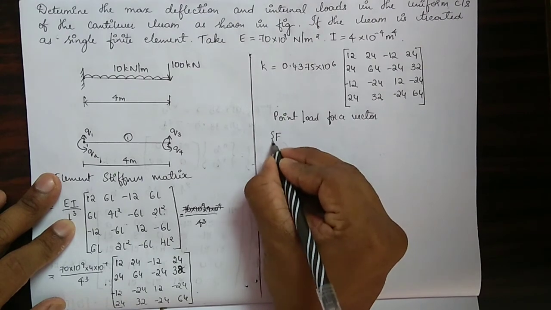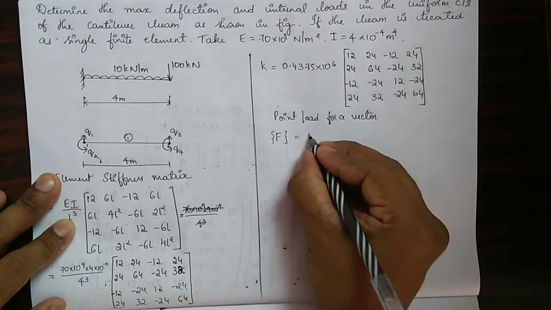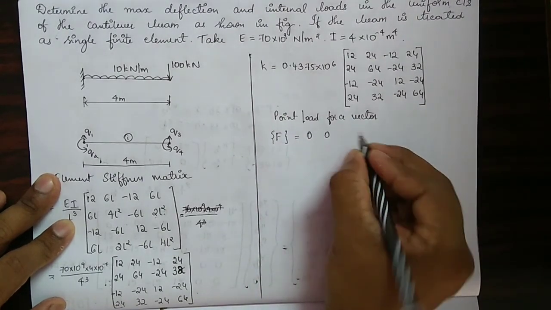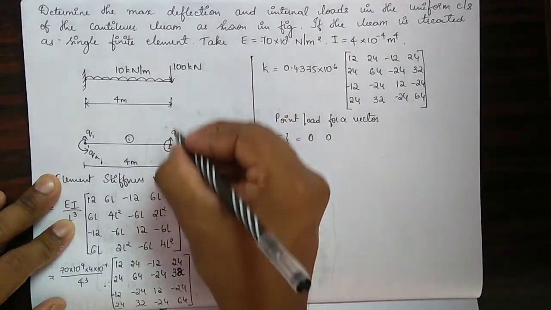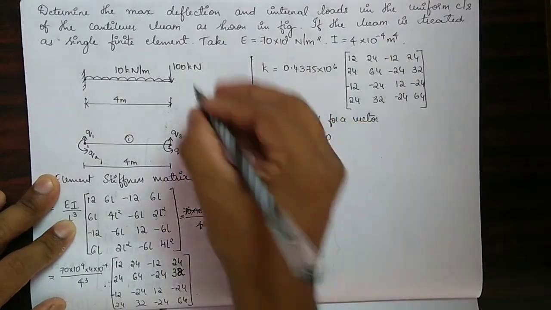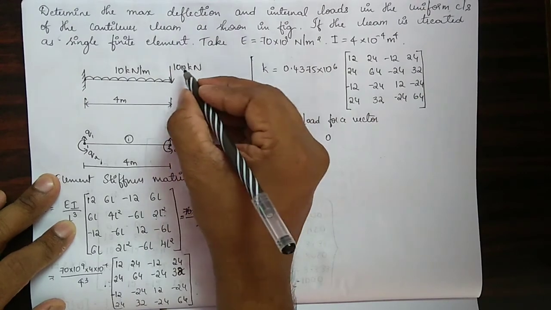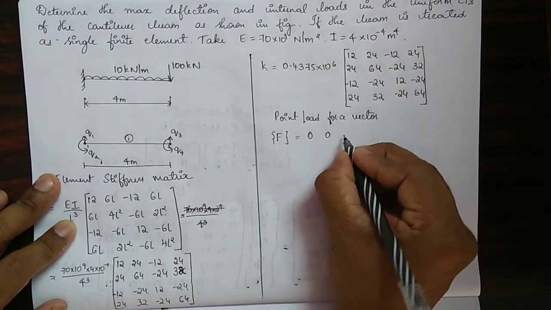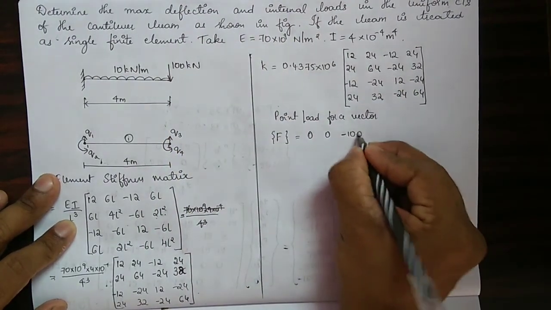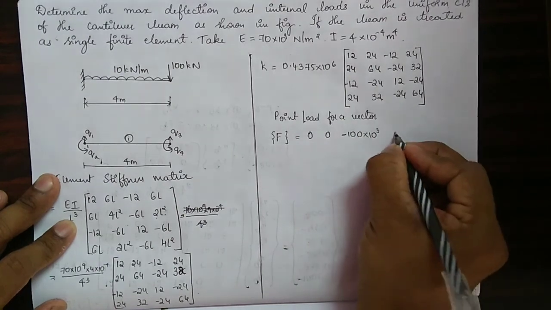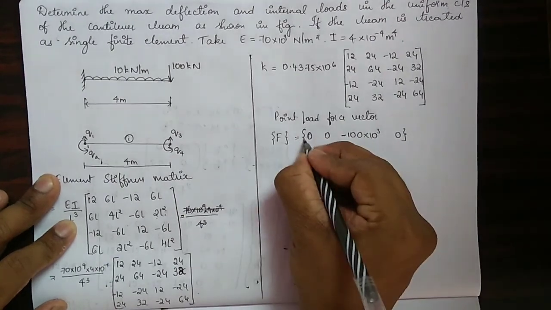So I will write the F matrix equal to 0, 0, and in q3 it is in the opposite direction, which we have taken in the upward direction, but the data is in the downward direction. So we have to take it as negative 100 into 10 raised to 3, and the last one is 0. So this is for the point load.